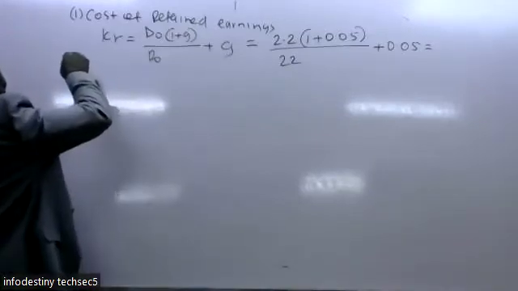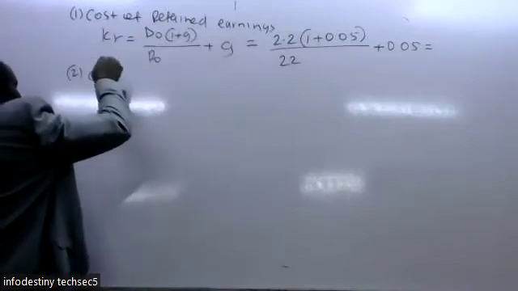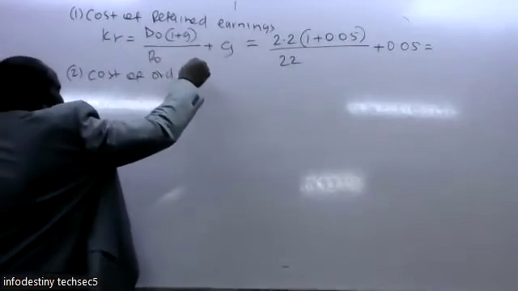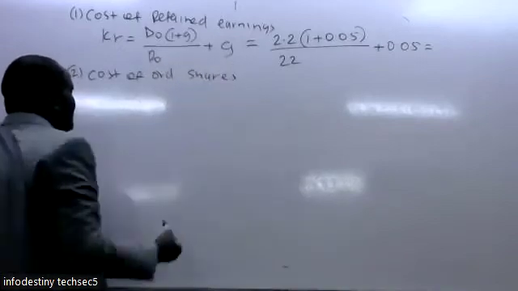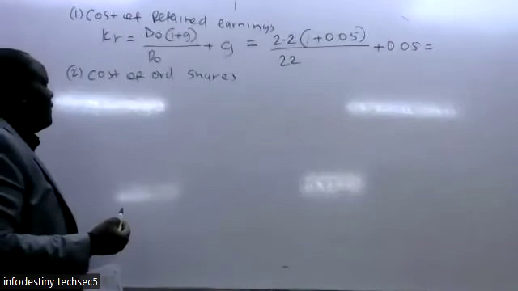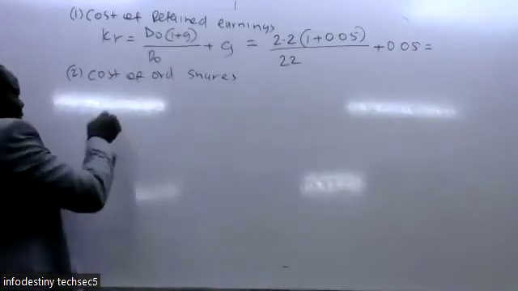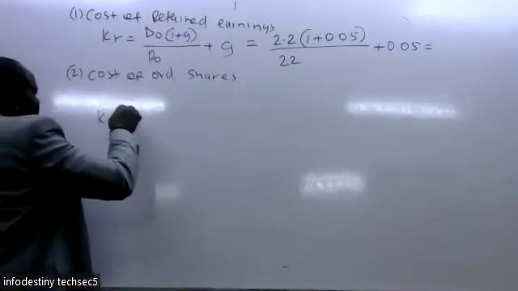There is also number 2, the cost of the ordinary shares. So the cost for the ordinary share is the same as KE.